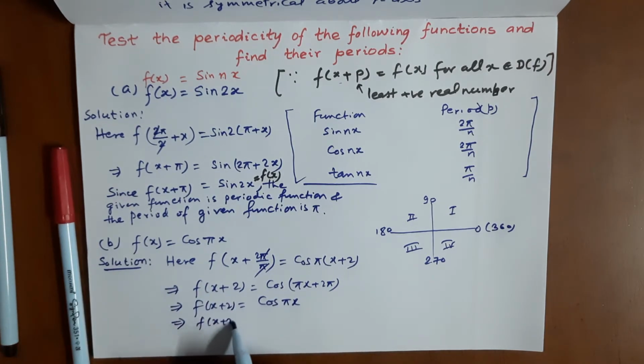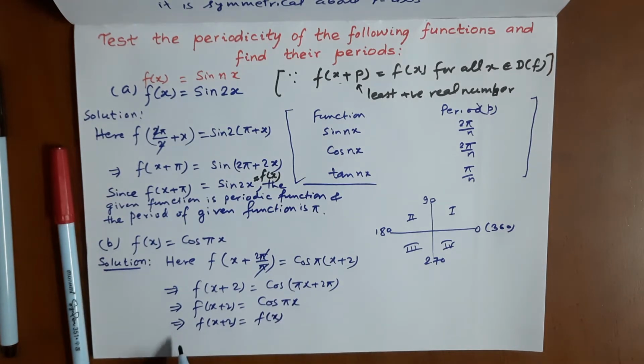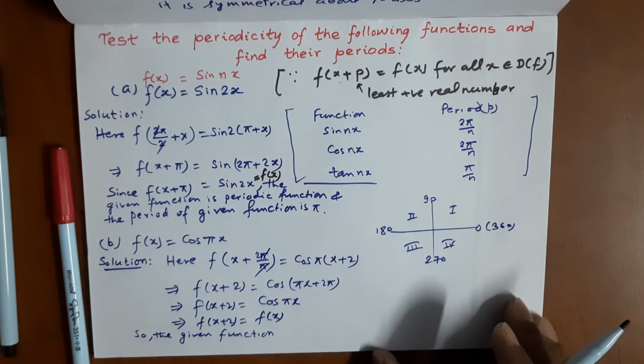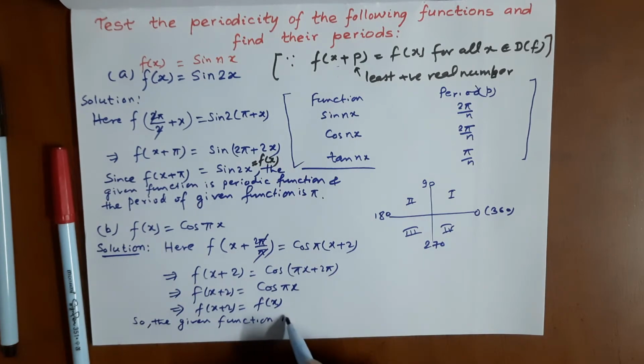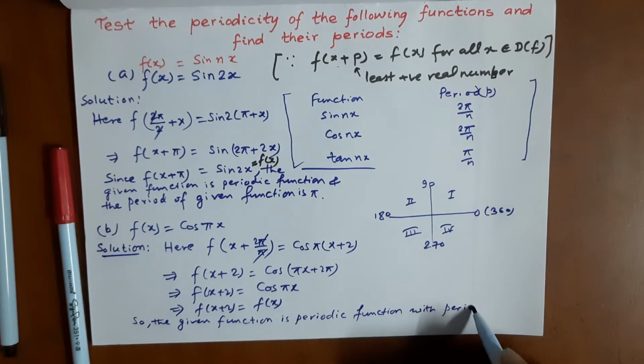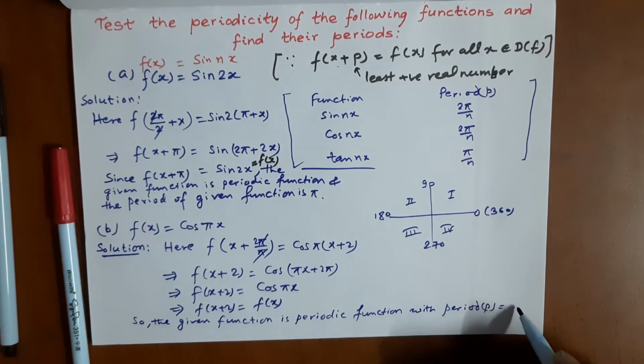F(x+2) equals cos(pi x), which means from here it is f(x). So the given function is a periodic function with period p equals 2.